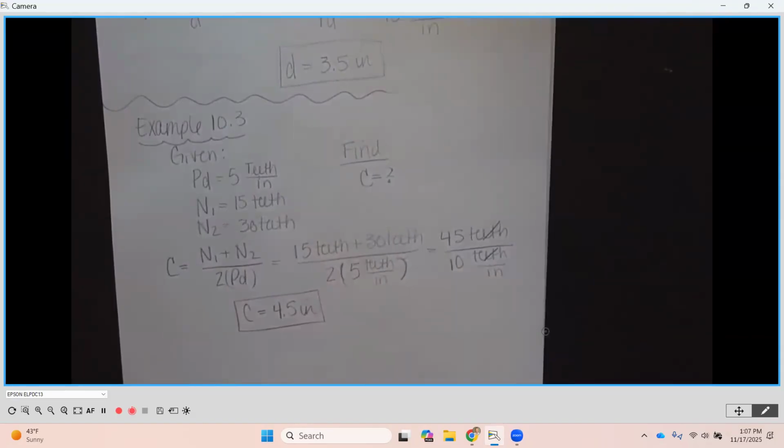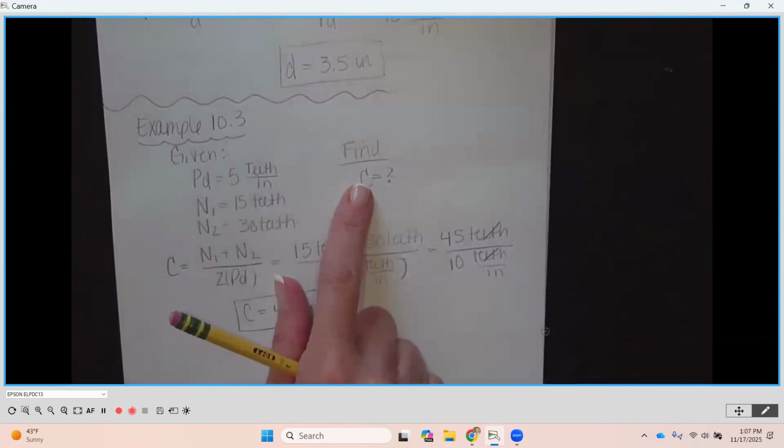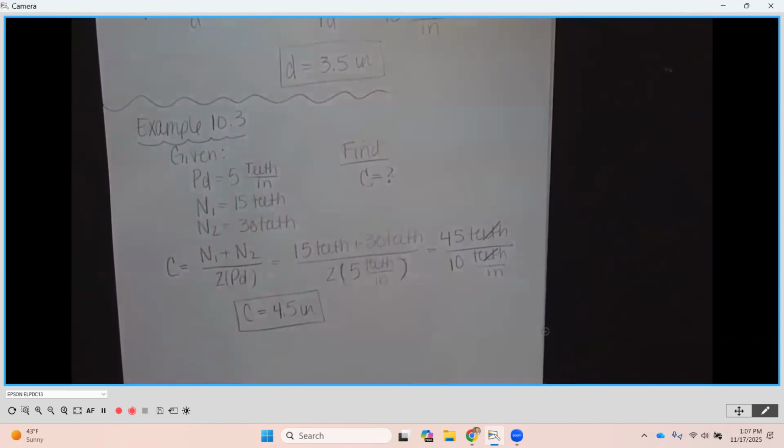That also gives you again that clarity, that confidence that you set it up correctly if the units come out correctly. Okay. Make sure that you identify your givens, what you're going to find, and then it's easy to read. So any questions on this example 10.3?